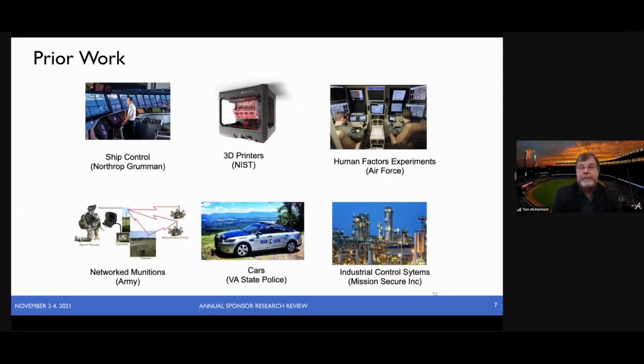It also feeds up to the human level, as these control loops expand from the device up to the human controllers, with human factors experiments, and also in a concept of network munitions in more of a system of systems mode, which is the case study that we'll show you later today. Next slide, please.